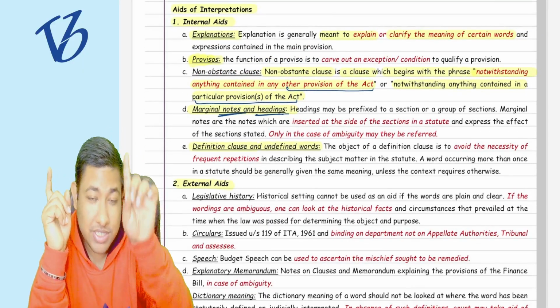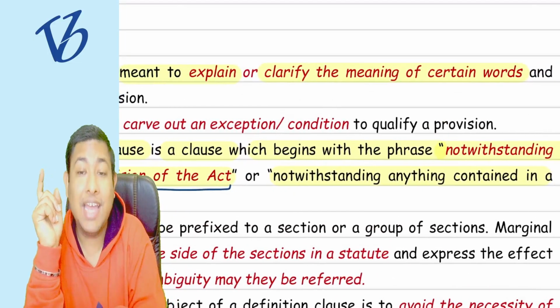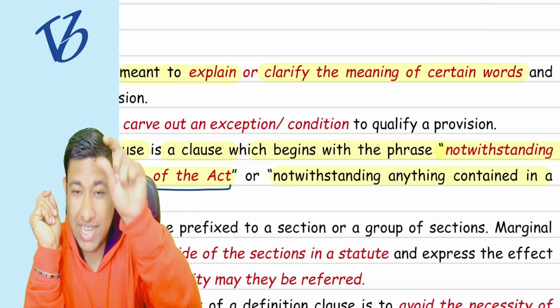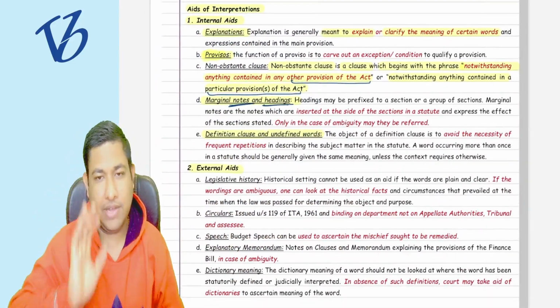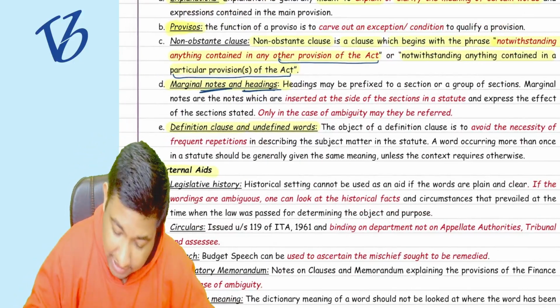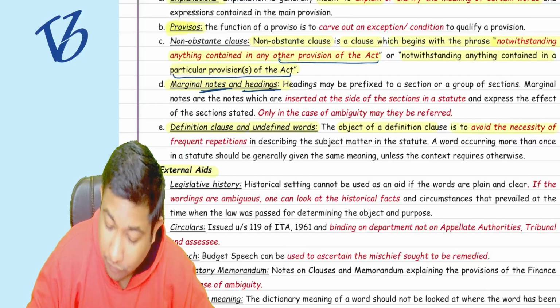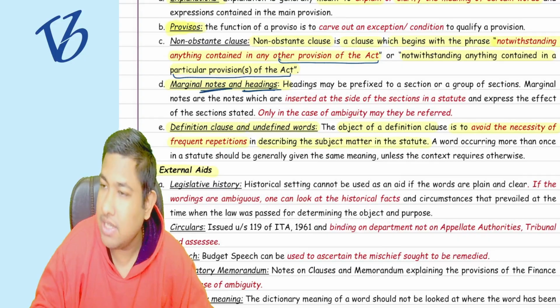Understood the meaning of explanations? It could be to clarify the meaning of certain words, so there could be a definition clause given. See what it says: the object of the definition clause is to avoid the necessity of frequent repetition in describing the subject matter in the statute.